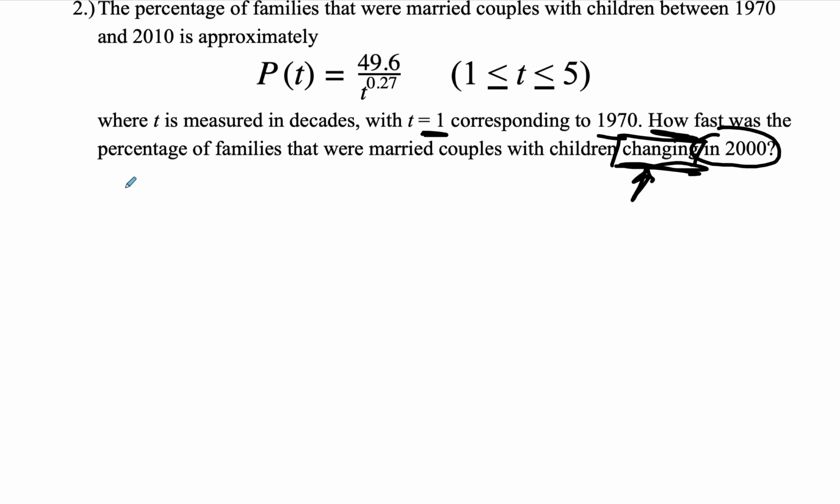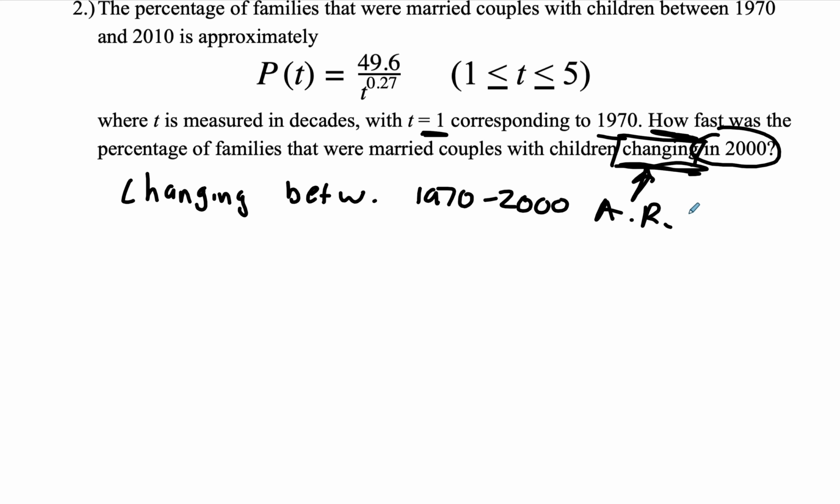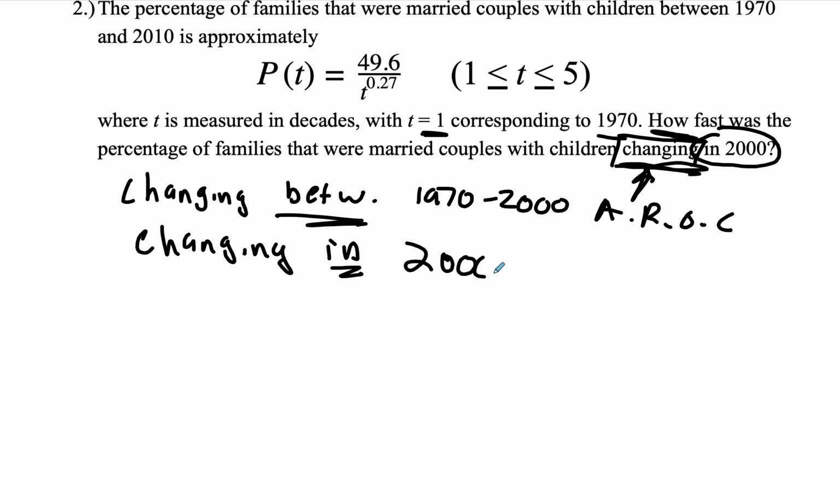So if I said changing between 1970 and 2000, that would be average rate of change. But if I say changing in 2000, that's the instantaneous rate of change.